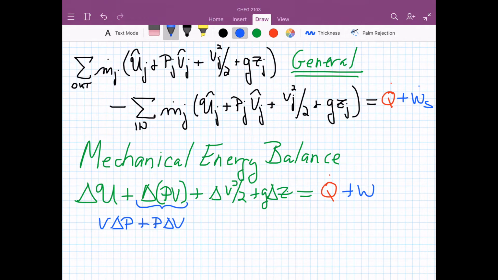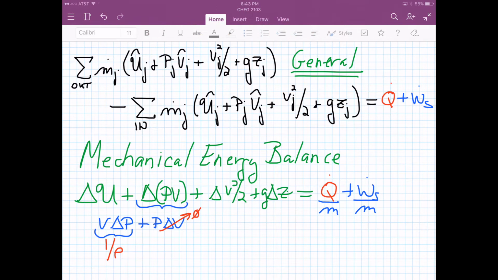And for an incompressible fluid, which most liquids are, delta V is going to be 0. And actually these are all divided by mass, because we divide it through by mass. What I'm also going to do is replace volume here by 1 over density.